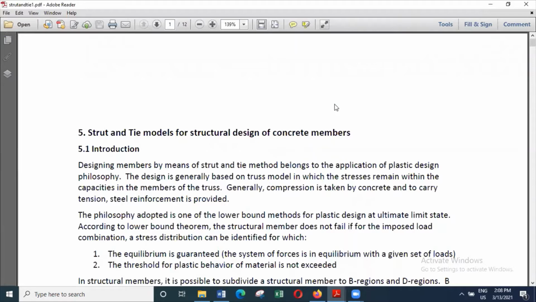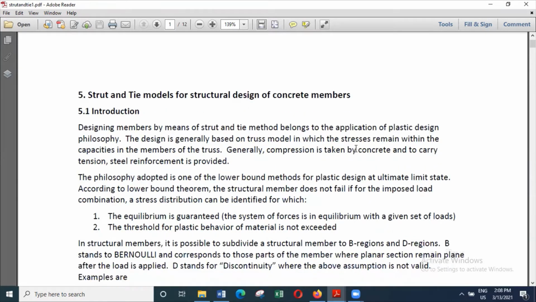Now, one of the additions to the Eurocode is this strut and tie models for structural design. So first we'll see what is meant by this strut and tie models.